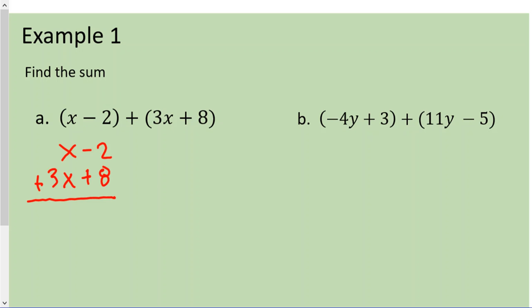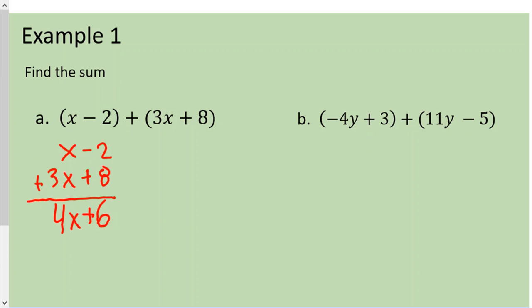For this first one, I'm just going to stack them on top of each other and then do the addition. Starting from the right, negative 2 plus 8 gives us a positive 6, and positive x plus 3x gives us 4x.